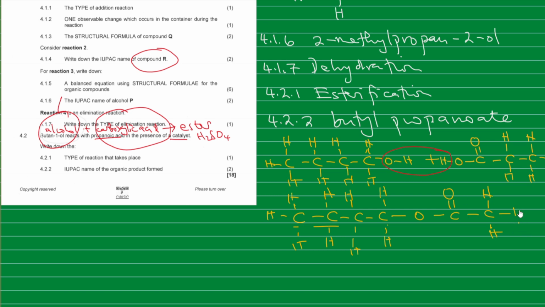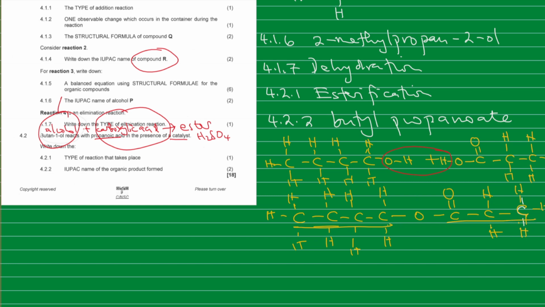So the propanoic part would then be a propanoate. So that will be our C with H and H. We've got two parts to the name: butyl, you can see a butyl branch here, and a propanoate.